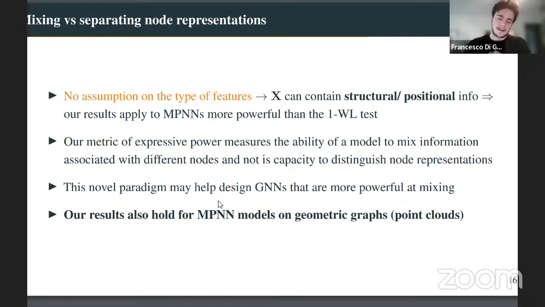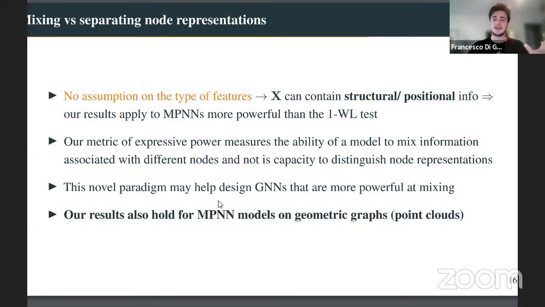So an important conclusion here is, I hope you have appreciated how this approach to expressivity is very much different from looking at the Weisfeiler-Lehman test, or if you like, the separability of nodes or graphs based on their structures. In fact, throughout this talk and throughout the work, we had no assumption on the type of features.